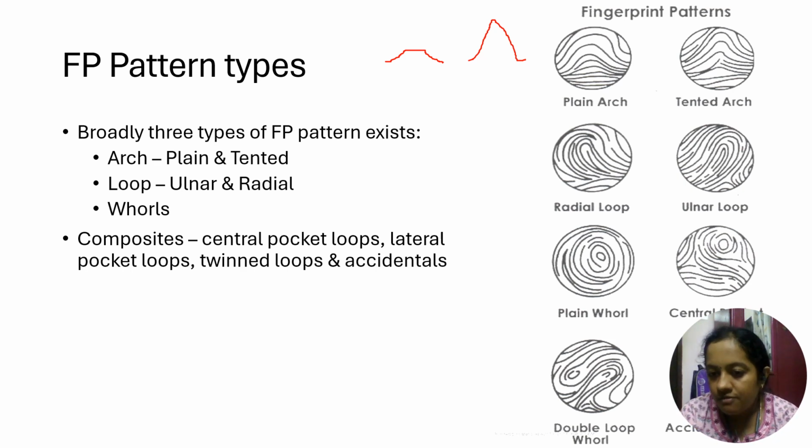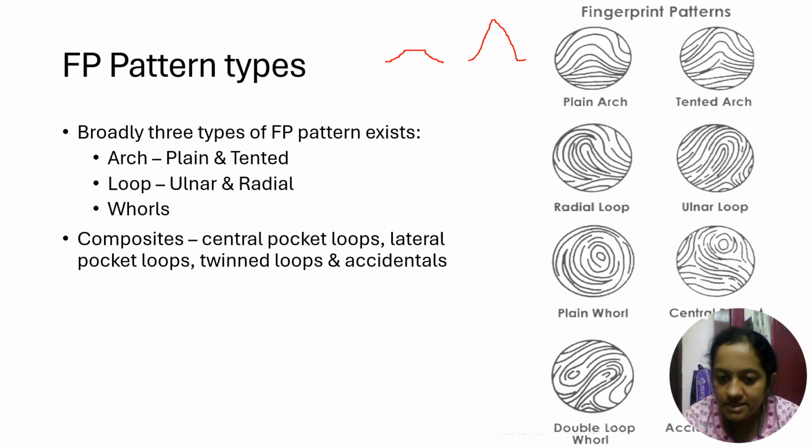Next is plain whorl. Plain whorls are just spiral ones. They don't have much complexity in their structure. The second one is the central pocket loop. Central pocket loop is pocketed in between a delta region. In the fourth diagram, you can see it is a double whorl loop.